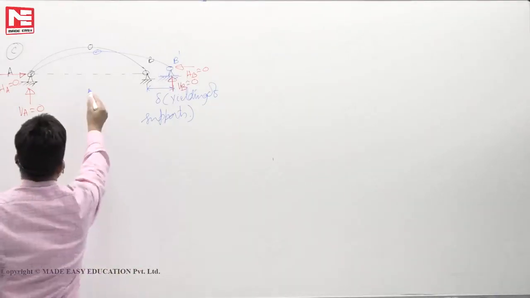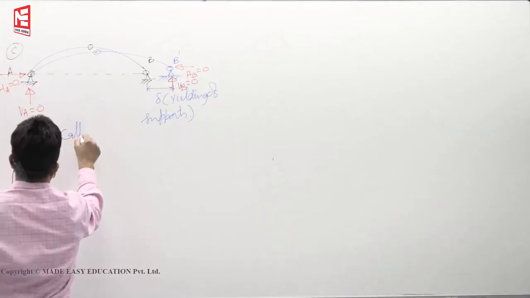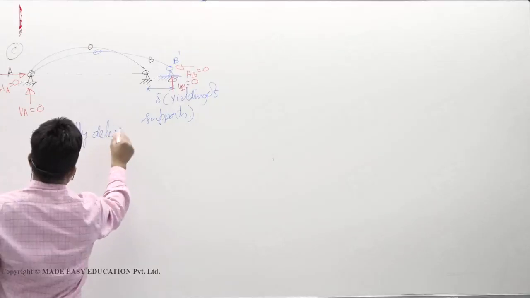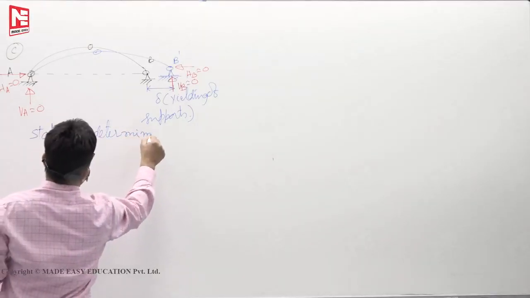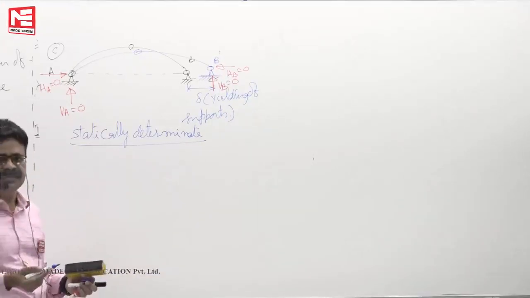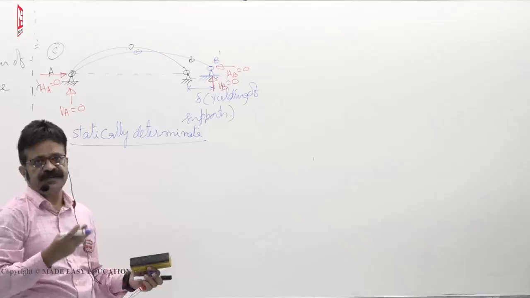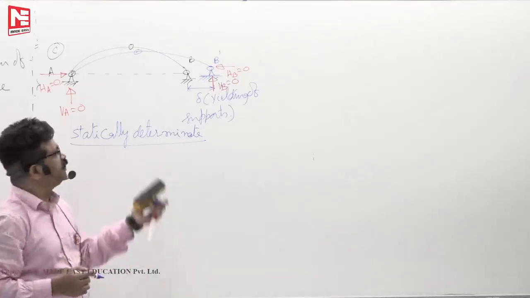This is also a statically determinate structure. Three hinged arches are statically determinate, you have studied. Again, later on, we will see how to find static indeterminacy for beams, trusses, frames, etc. All we will discuss.